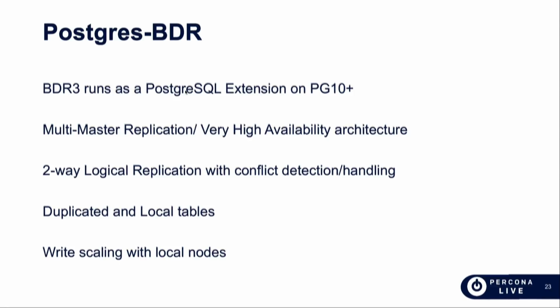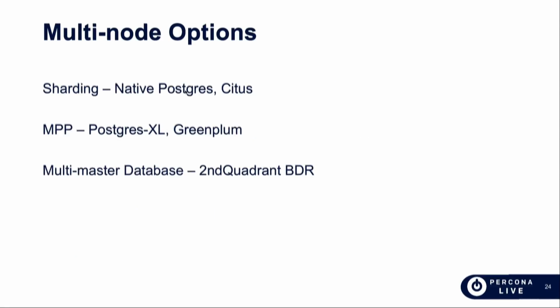The name BDR comes from bidirectional replication, and it's quite literally two logical links, one in either direction, plus some complex mechanics for conflict detection and resolution. You've got the ability to specify duplicated and local tables, and with local tables, you can achieve write scaling.